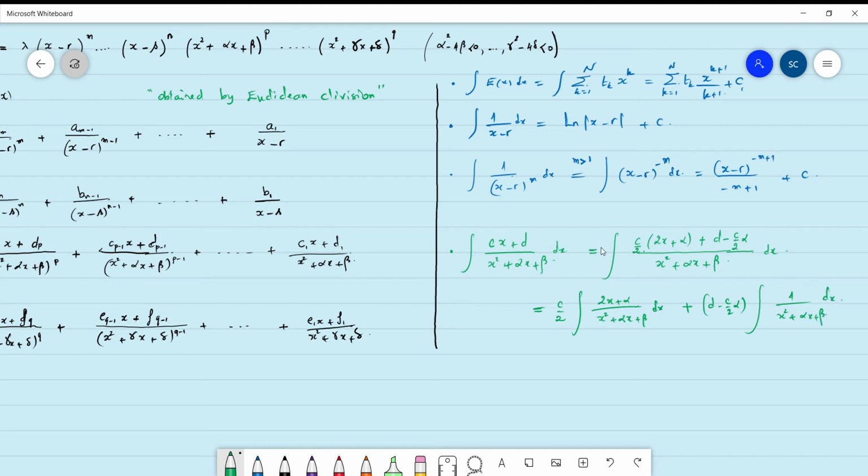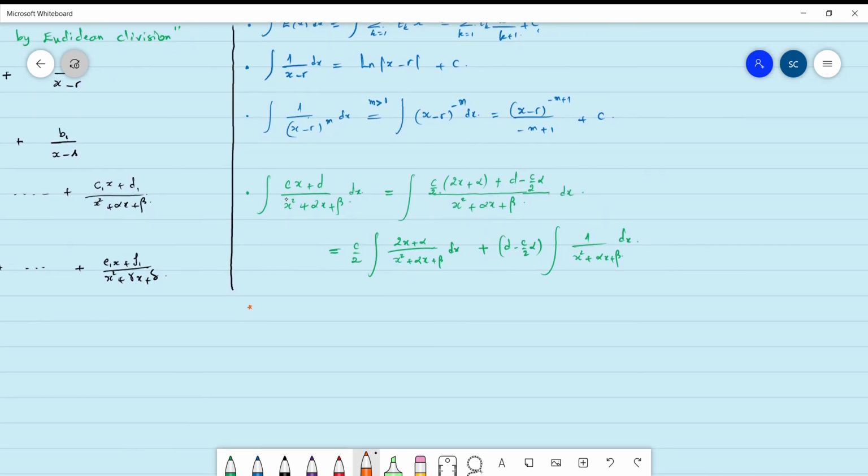For 2x plus alpha over x squared plus alpha x plus beta, you know how to do it.